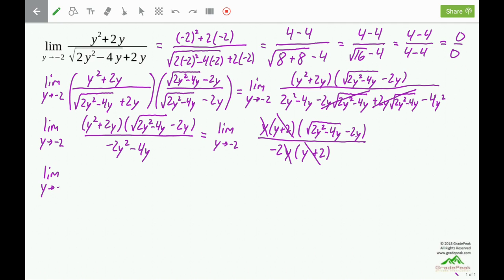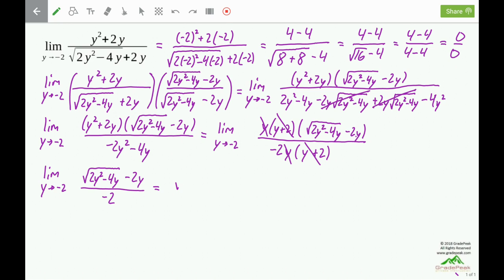I now have limit as y goes to negative 2 of the square root of 2y squared minus 4y minus 2y divided by a negative 2. I should no longer have the 0 over 0 indeterminate form.